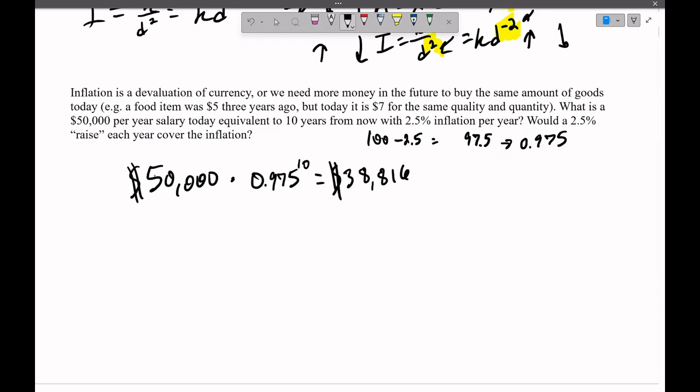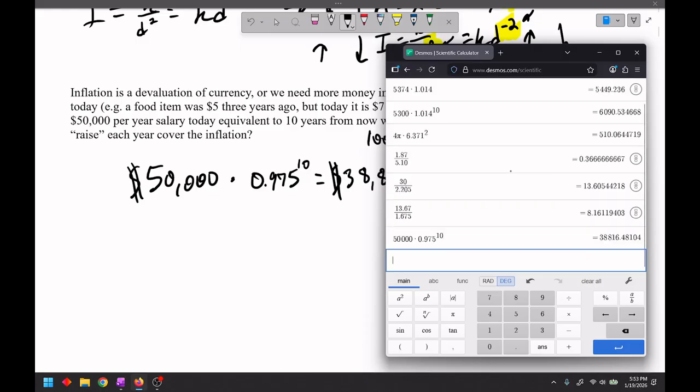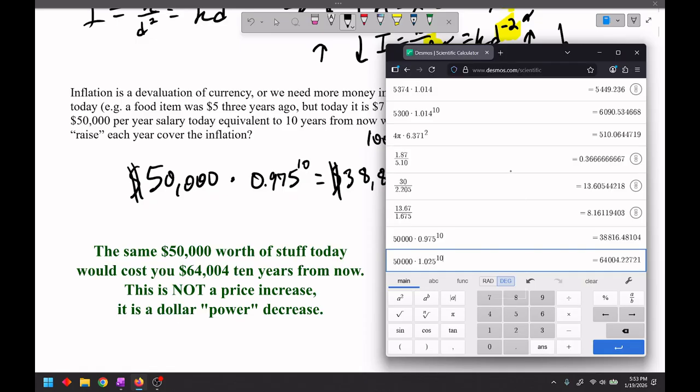You can go the other way, whereas I could increase the amount, right? I could multiply it by 1.025 to the power of 10. What this is saying is that $64,000 10 years from now is effectively the same amount as $50,000 today.